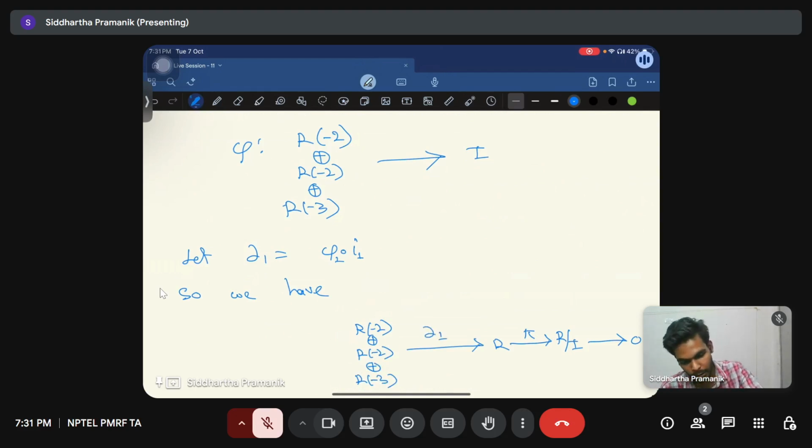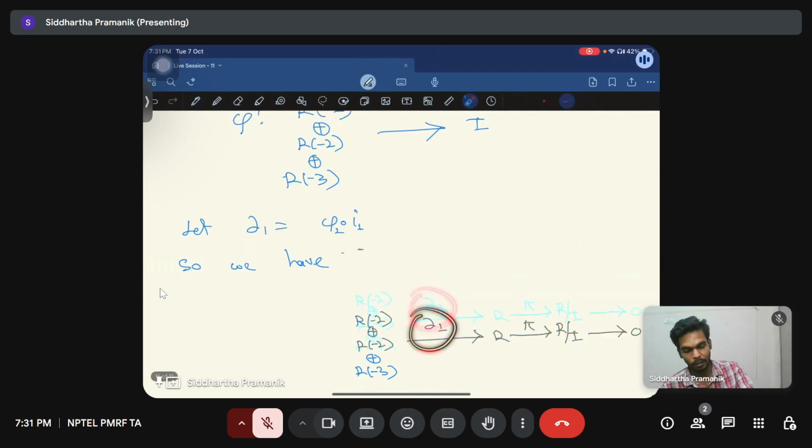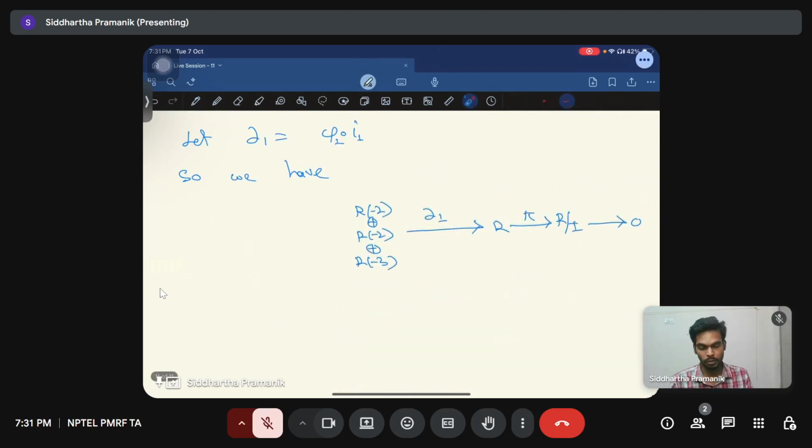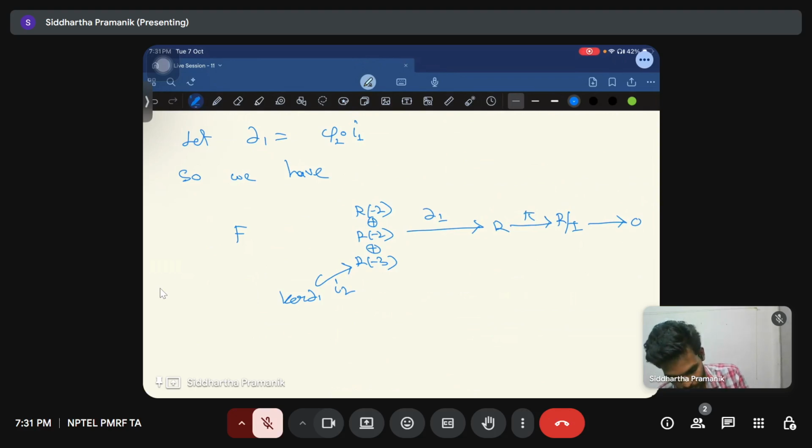Now again we need to find the kernel of this delta 1 to construct the free resolution. So here we will have this kernel of delta 1 and we have this injection I2. We have this free module, we need to surject onto this.